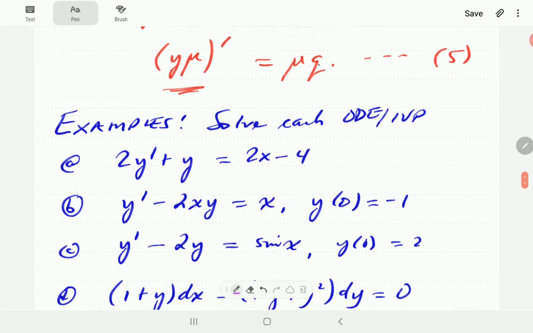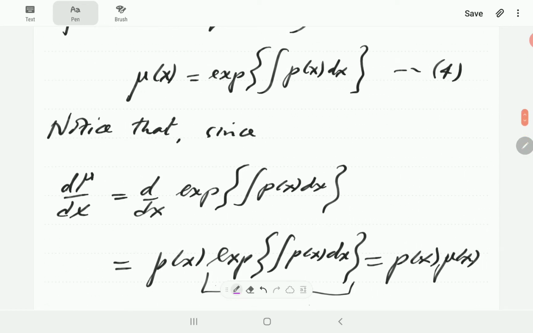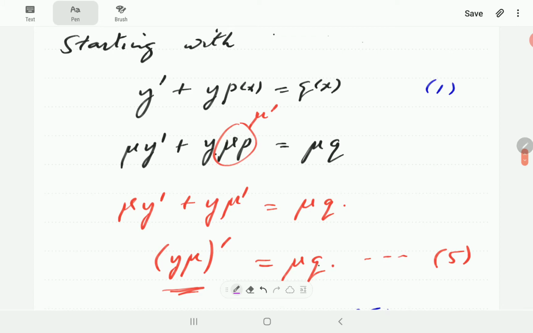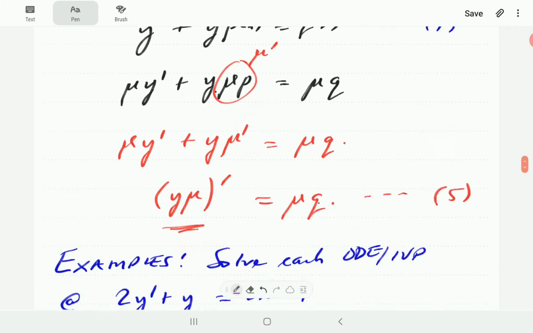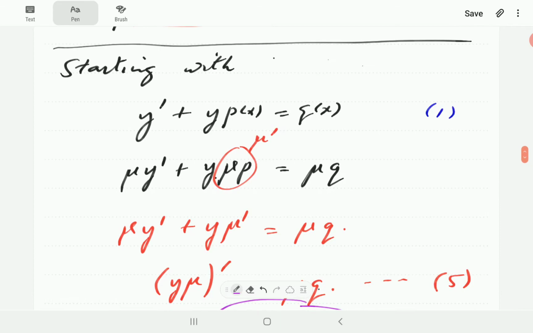Some of the equations may be given in this form, or they may be given in the form M dx plus N dy equal to 0. So in each case we will want to put it in this form.